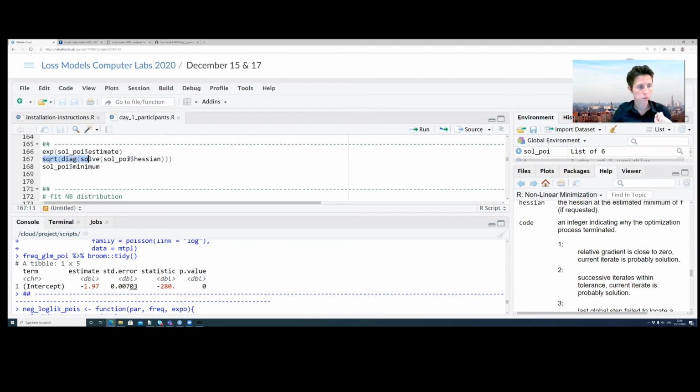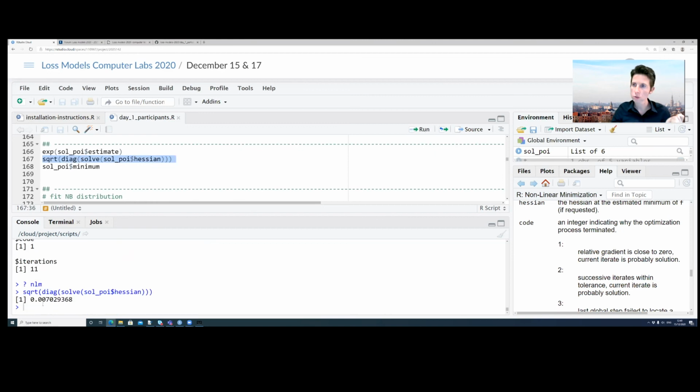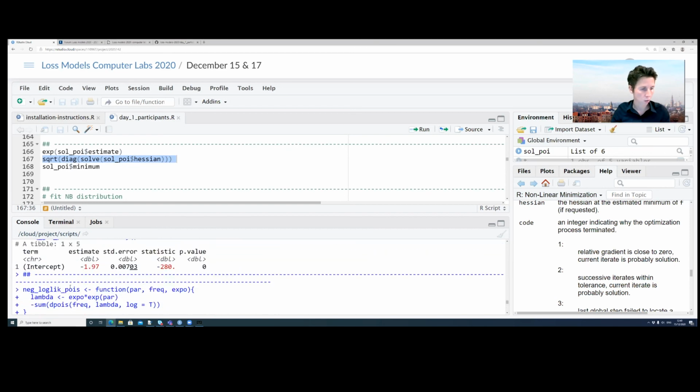That will give us the standard error that comes with the estimate of my intercept, that comes with my estimate for the unknown parameter par. So in this case, I get a standard error of 0.007. Again, if I look back to my earlier output, I recognize the same standard error. So this do-it-yourself routine is exactly doing what happens in R under the hood if you run, for instance, this GLM routine.